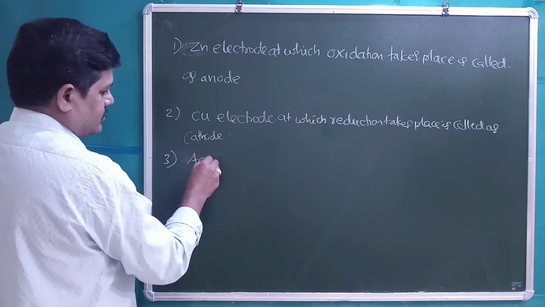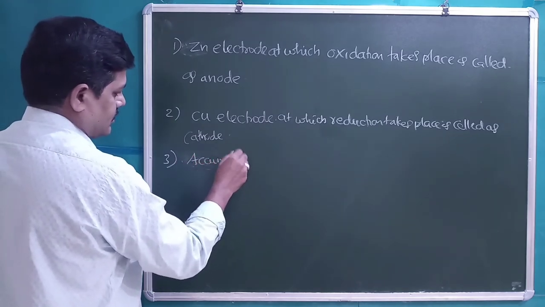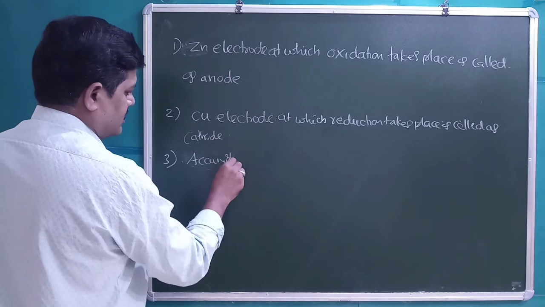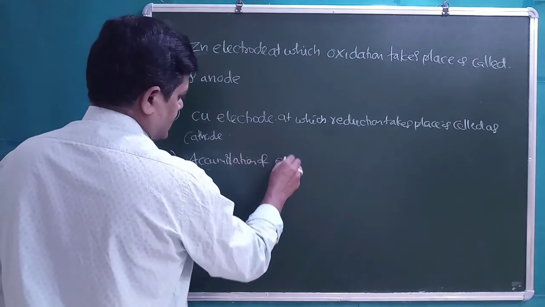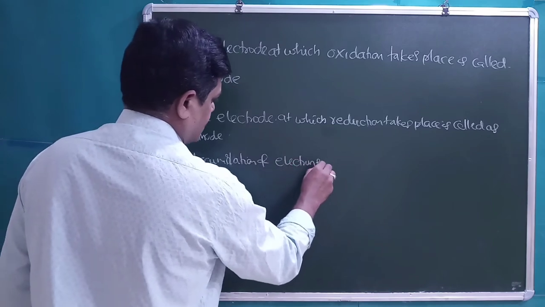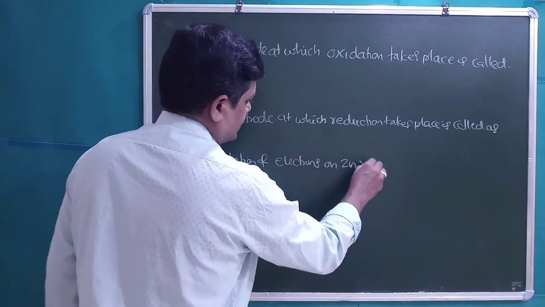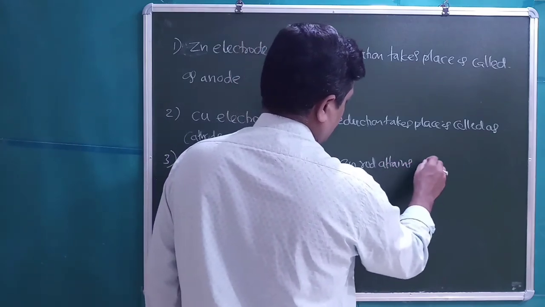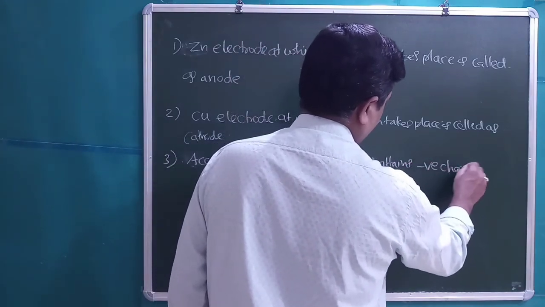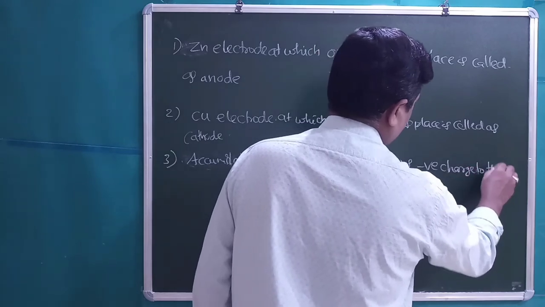Accumulation of electrons on the zinc rod attains a negative charge on the pole.